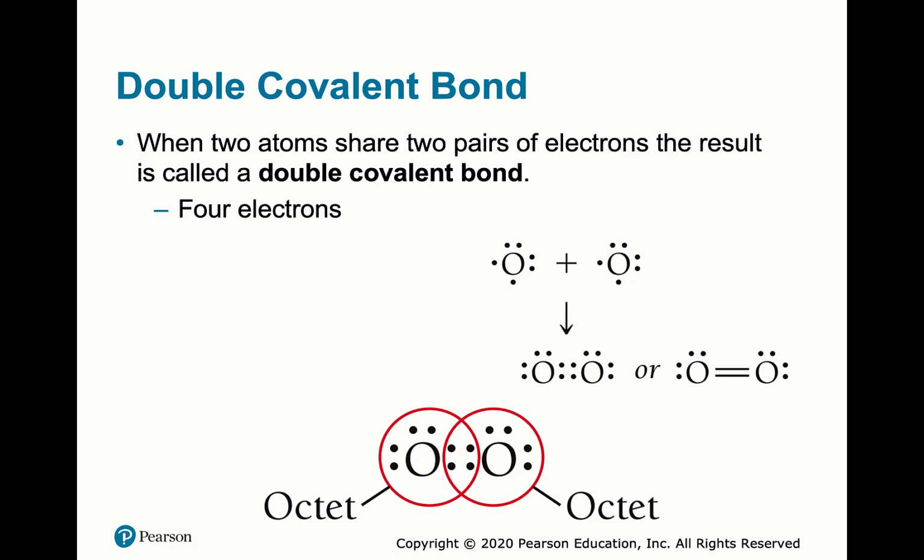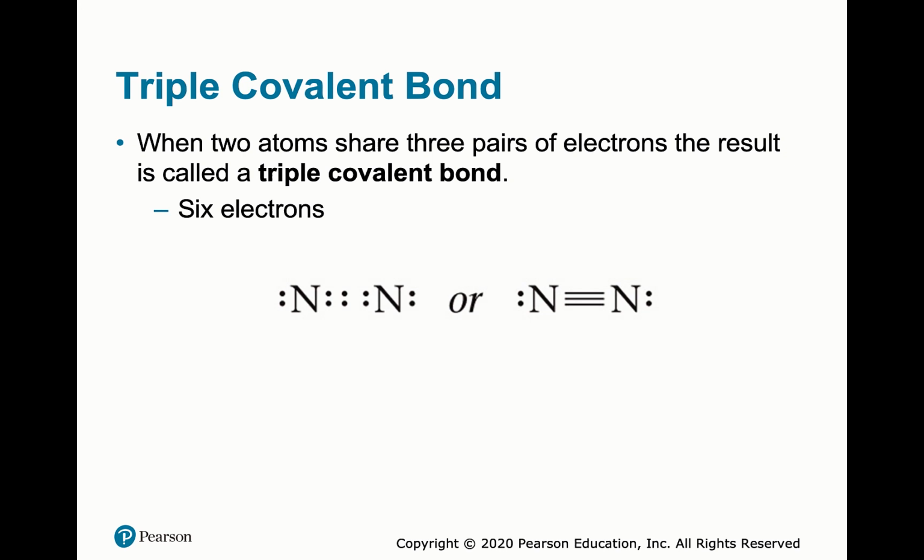So it is a double bond, and it fits the scheme because the octet rule is still preserved. Triple bond, this is where 6 electrons are shared, and for diatomic nitrogen, 6 electrons are shared, and each nitrogen keeps 2 to itself, so each nitrogen atom has 8 electrons. So this is a triple bond.